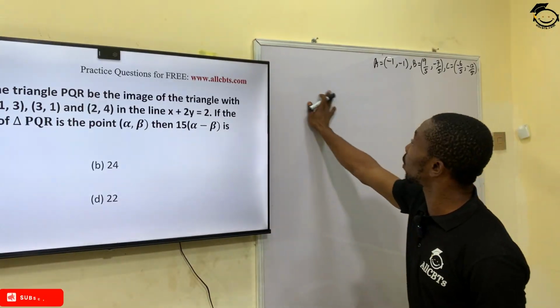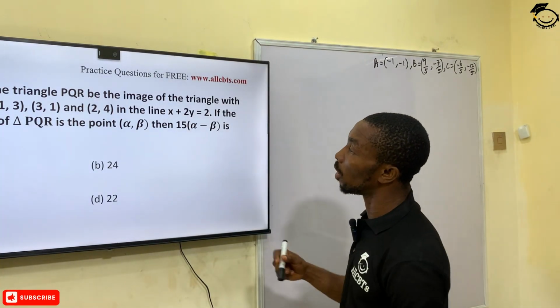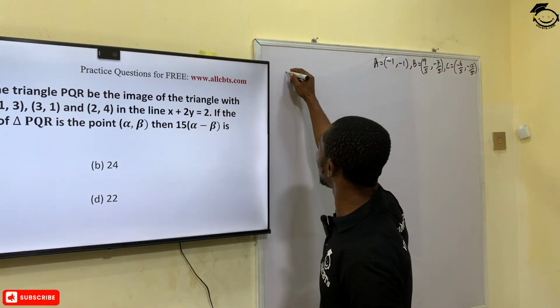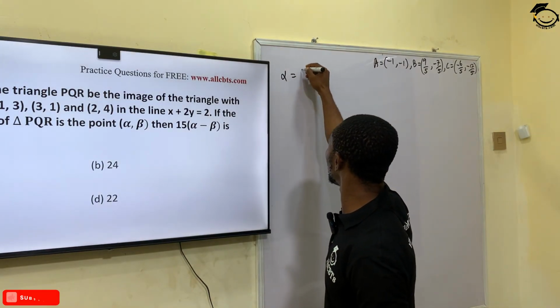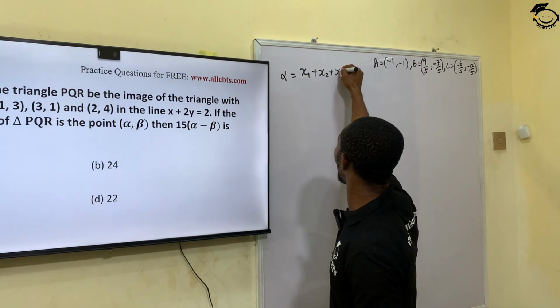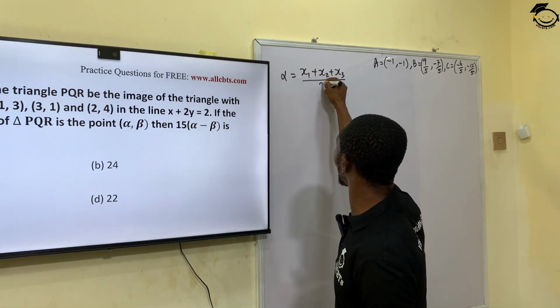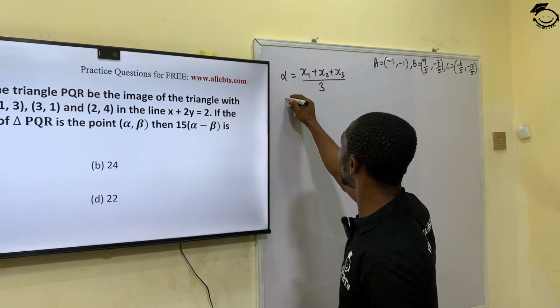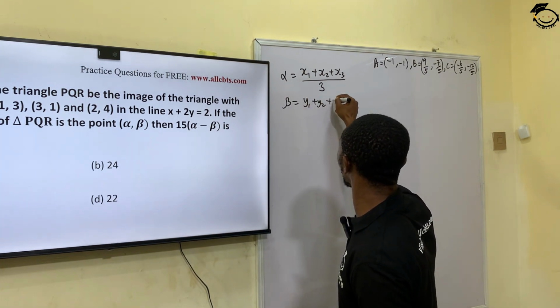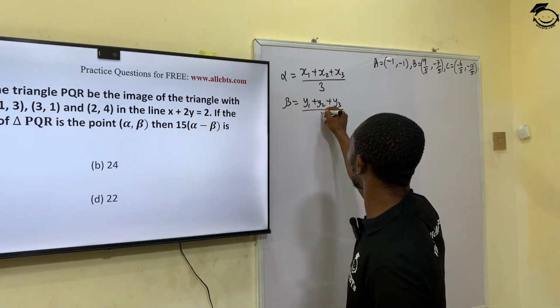All right, so next we'll be calculating our centroid. So to calculate our centroid of PQR at points alpha and beta, we'll be having our alpha equals x1 plus x2 plus x3 divided by 3, and our beta equals y1 plus y2 plus y3 divided by 3.